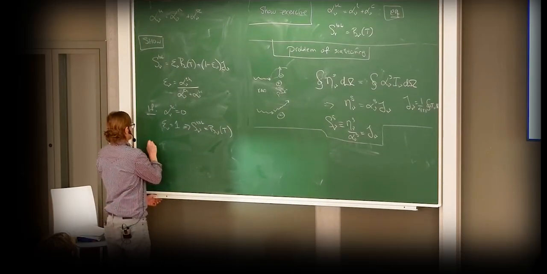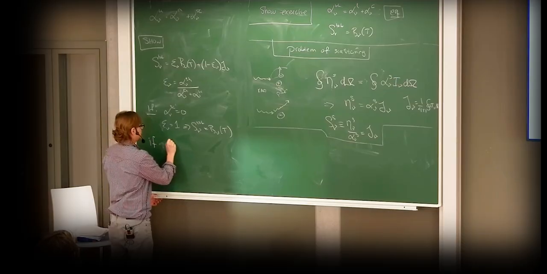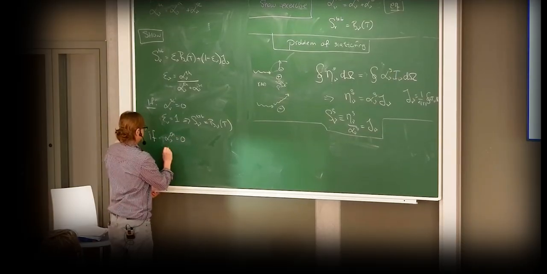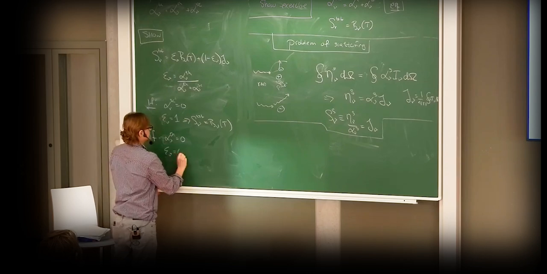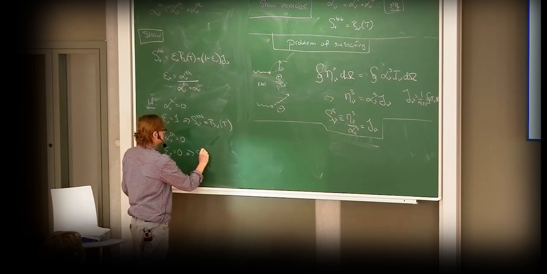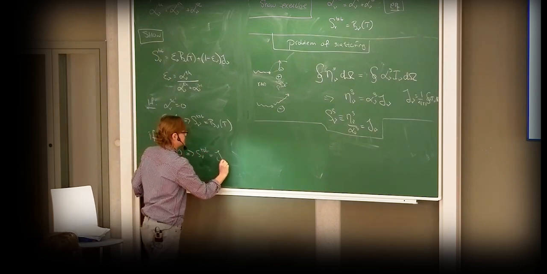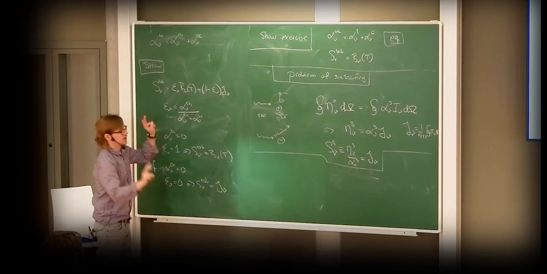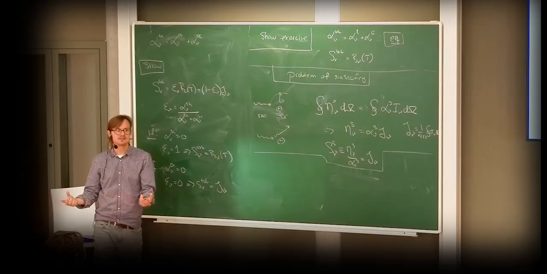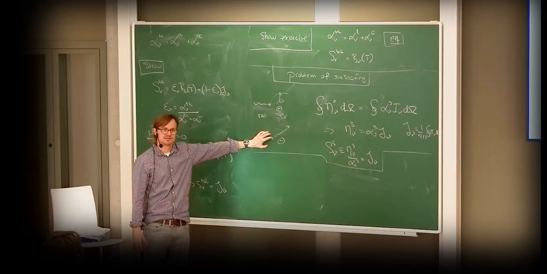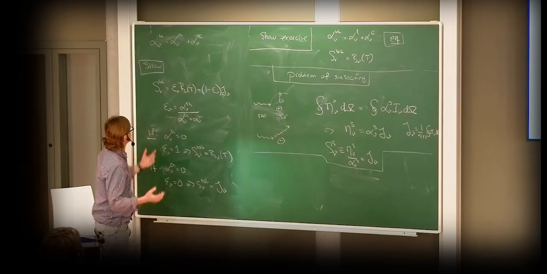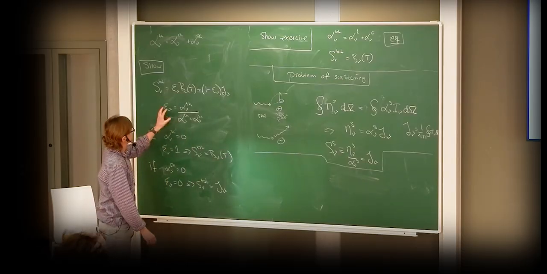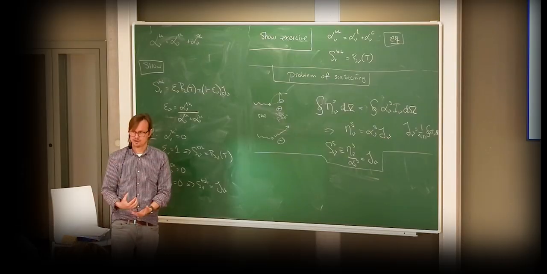On the other hand, if your thermal component is 0, then you see that your epsilon is 0, so your total source function is just the mean intensity. So epsilon equals 0 is a pure scattering situation. We have only scattering processes contributing. Vice versa, epsilon equals 1 is a pure thermal process.